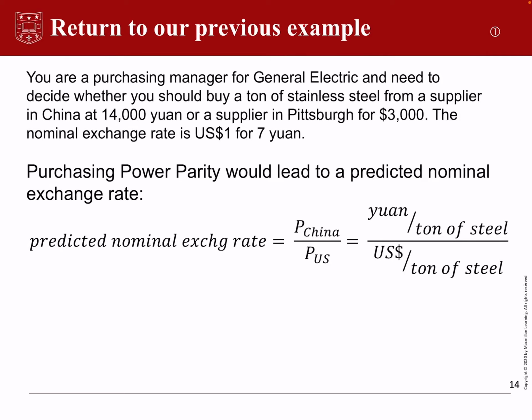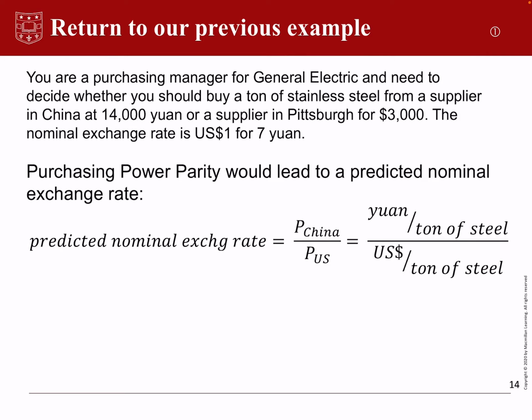But let's think about this one more time as to why that might be true. We're going to see that you could use purchasing power parity to predict a nominal exchange rate, then compare that to the nominal exchange rate that you observe and draw a conclusion. So that's what we're going to do.